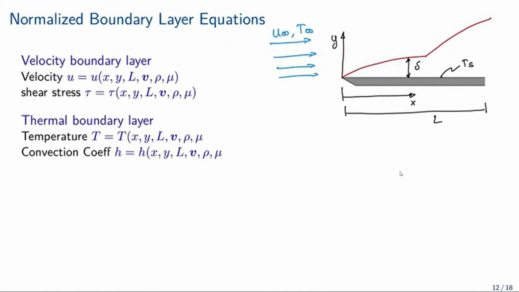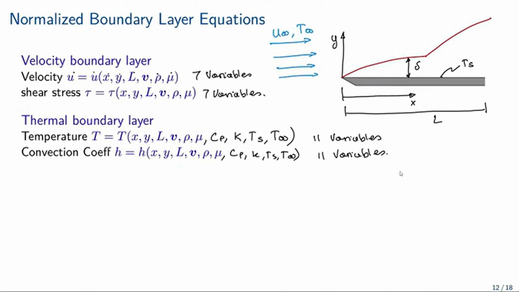The fluid is at some temperature T infinity, the boundary layer thickness is delta, and the surface temperature is Ts. x is the length of the plate. y is the coordinate, the distance perpendicular to the plate.